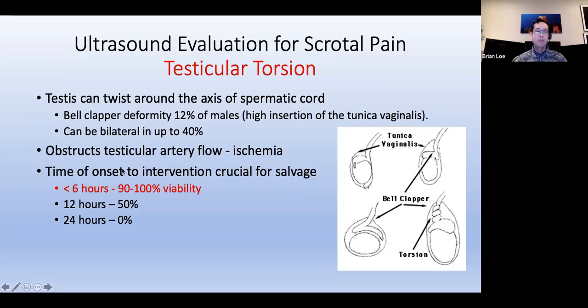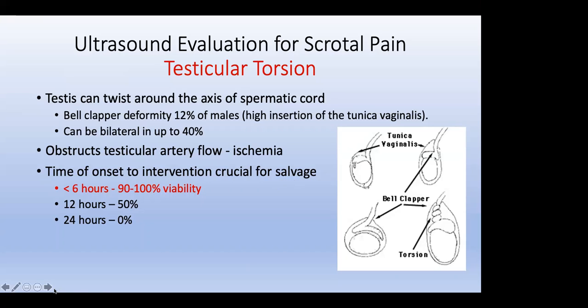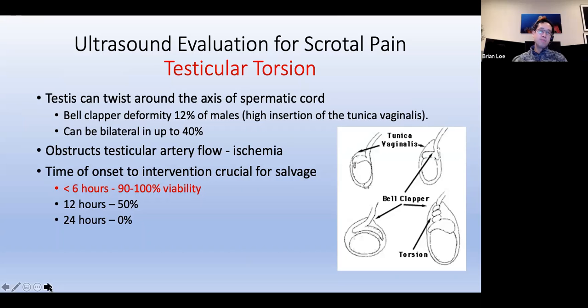If we delay diagnosis by another 6 hours, so if we wait until 12 hours from the onset of symptoms, that salvage drops to 50%. And of course, the further out from the onset of symptoms, the less likely we are able to salvage that testis. By 24 hours, there's usually no chance of salvage. So it's crucial that we intervene and diagnose this as early as possible.